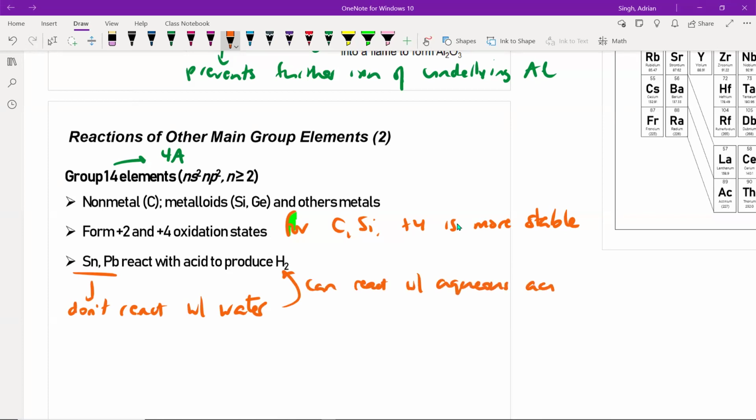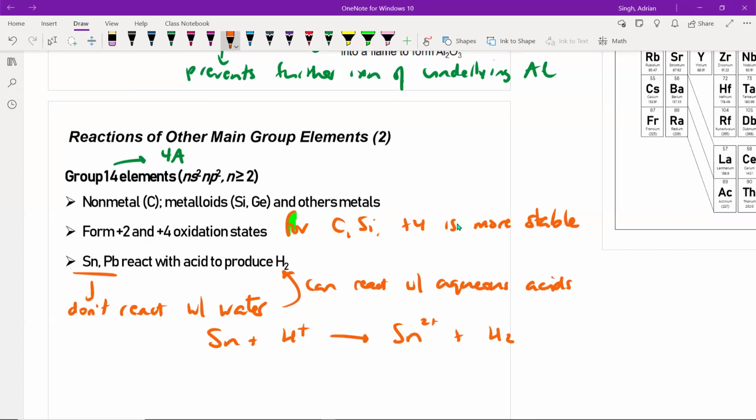And they can react with aqueous acids to produce H2. So for instance, if you have something like tin that can react with an acid that gives us the H+ to form tin with a 2+ charge, and then we also get hydrogen gas, being really similar to some of the other reactions we saw previously.